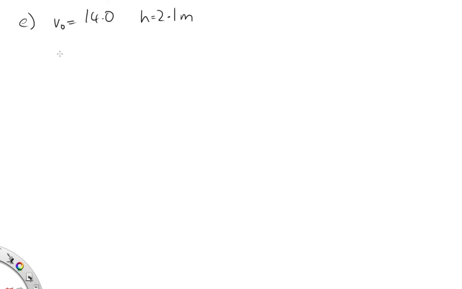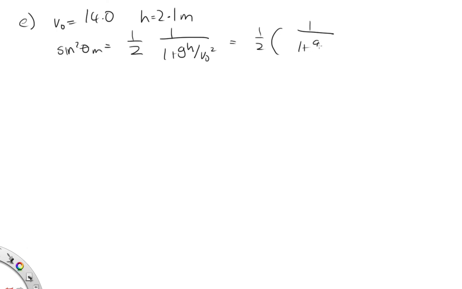We can use our answer from D. sin²θ_M is equal to 1 over 2 times 1 over (1 plus gH over v₀²), which is a half times 1 over (1 plus 9.8 times 2.1 over 14²), which on the calculator gives us sin²θ_M is equal to 0.45, so θ_M is equal to 42.3 degrees.